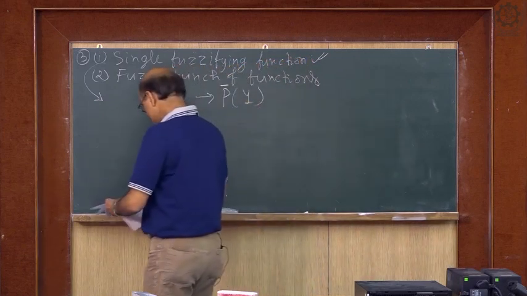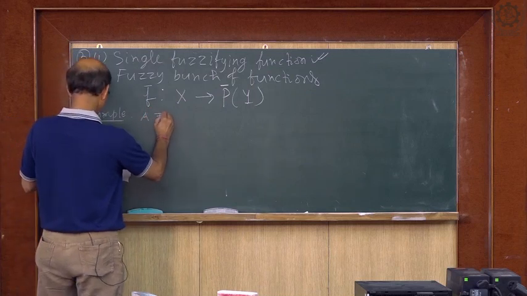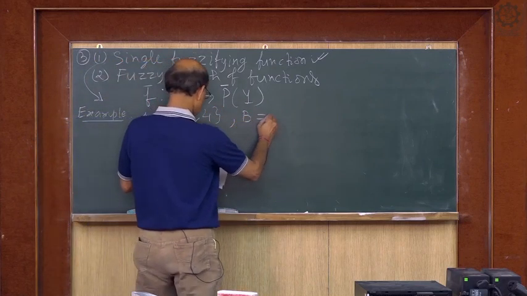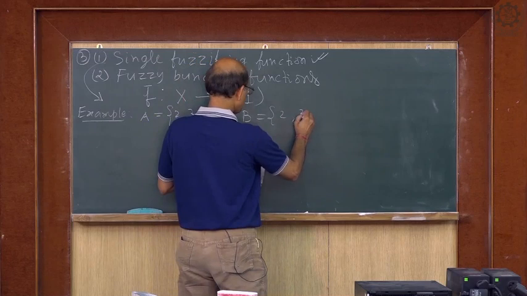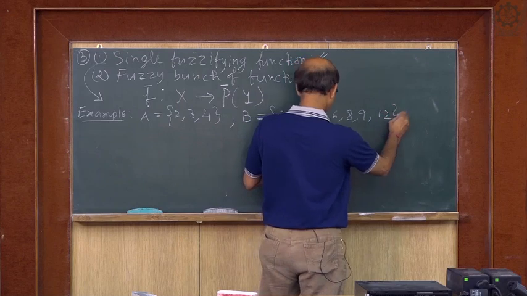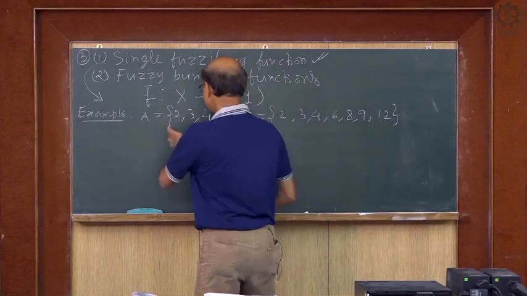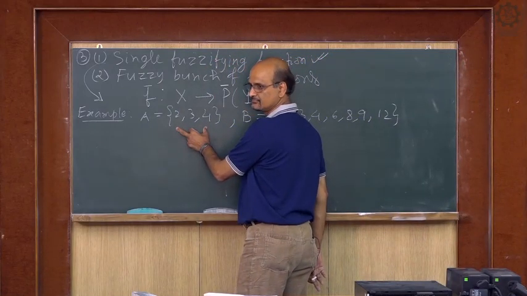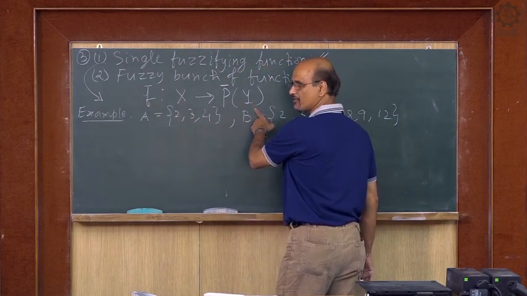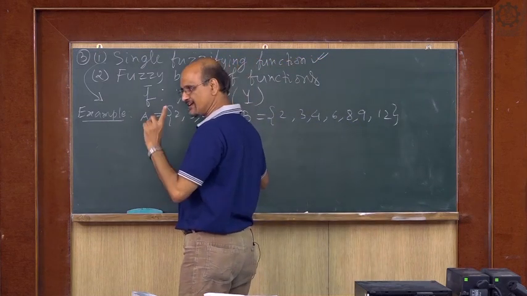So, consider two crisp sets: A is equal to 2, 3, 4 and B is equal to 2, 3, 4, 6, 8, 9, 12. So I have 3 elements here. In this case it will be f bar from A to the power set of B. Suppose I take 2, 3, 4, three elements.